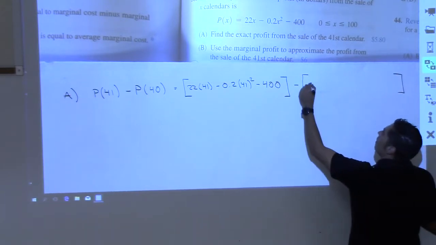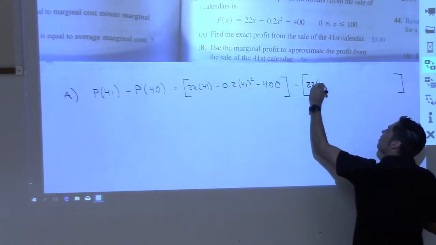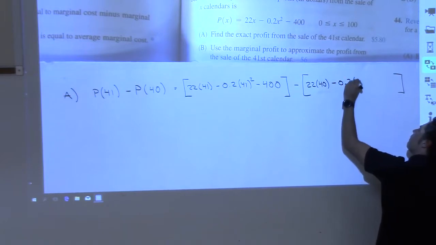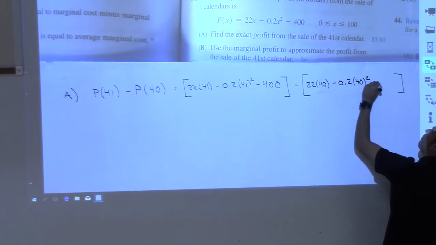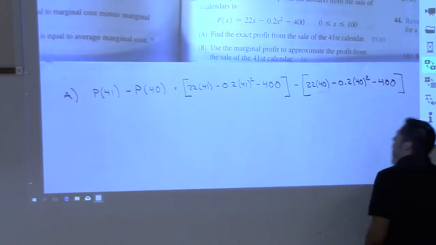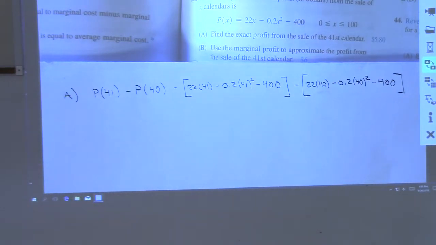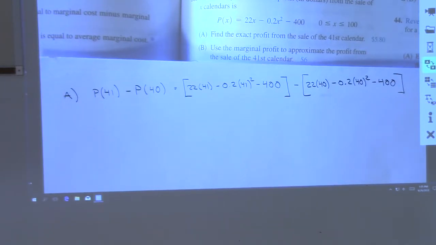There's not a whole lot more for us to do other than compute this stuff. Our answer should be $5.80.